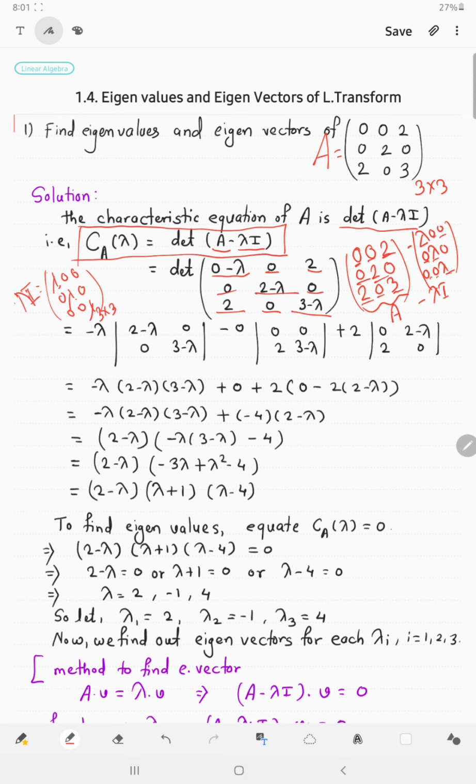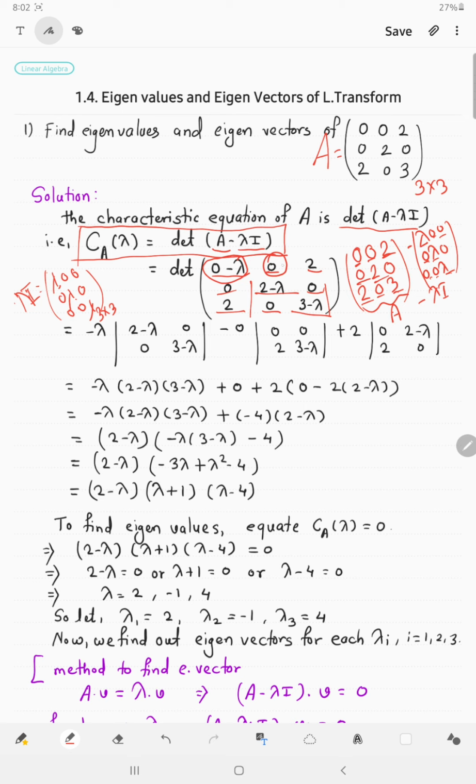Now we all know how to find the determinant of this 3 by 3 matrix. We will take this entry and delete its row and column, the first row and first column, and the output is this matrix: 2 minus lambda, 0, 0, 3 minus lambda. Now we will take the next entry with alternate sign, minus 0.